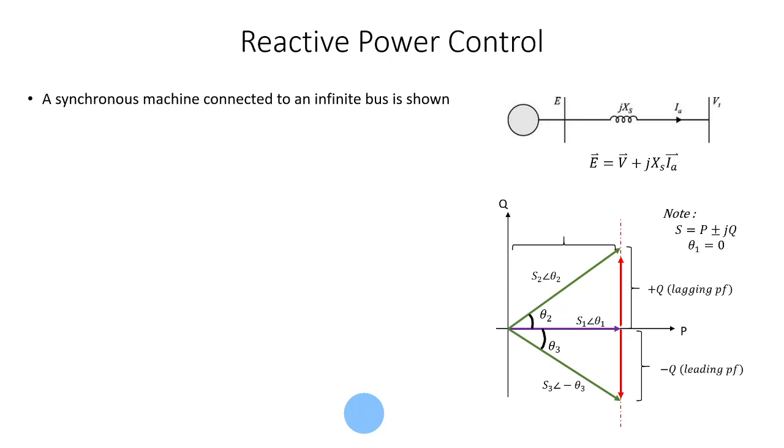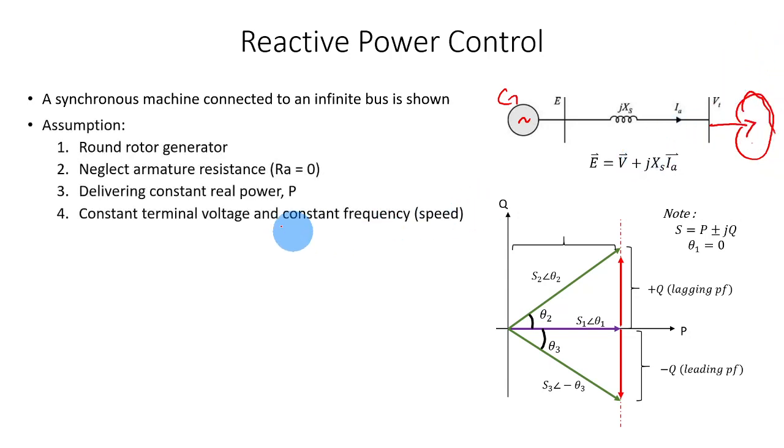So a synchronous machine is connected to an infinite bus as shown here. You have a generator here connected to an infinite bus, which is connected to the large power system, the loads and connected generators and all of that. For the time being, we assume this generator is a round rotor type of generator, because for a salient pole the analysis will be a little bit different.